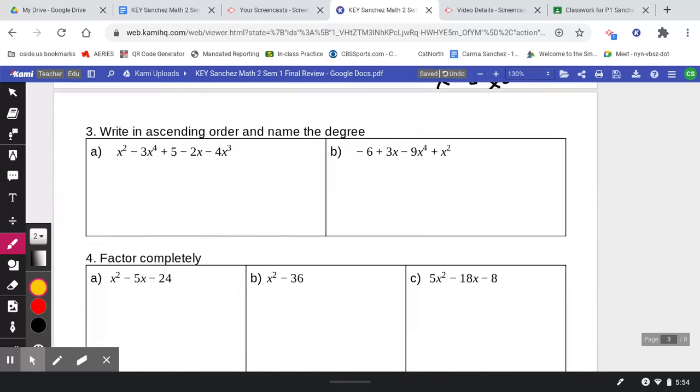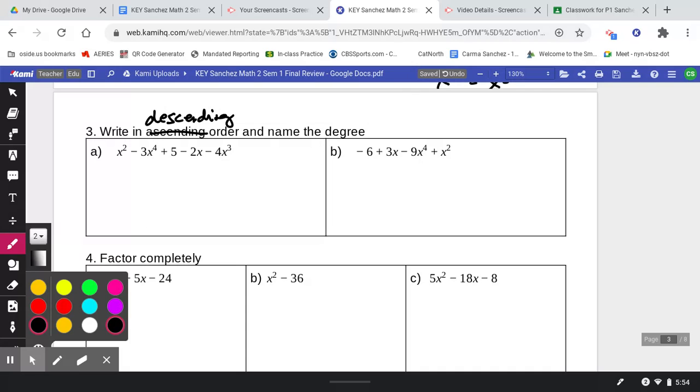We're also going to go over this polynomial ascending order. I actually would like you to change to descending order before we get started. So write in descending order, or greatest exponent down to the least greatest exponent.